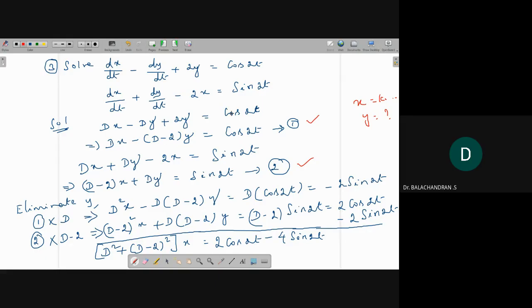Out of these two, you should tell which equation you will preferably choose. Second one.